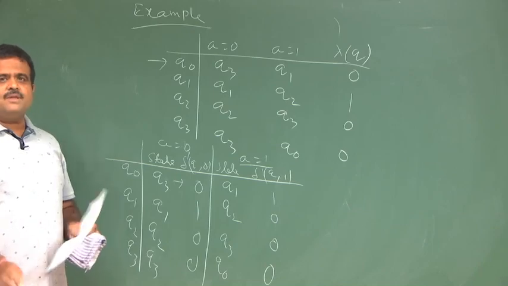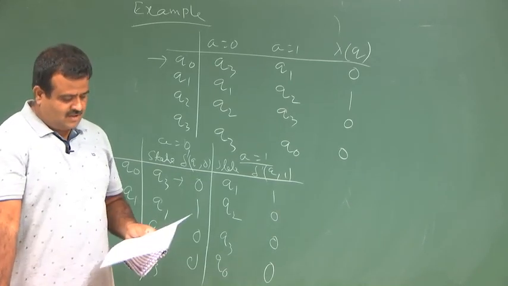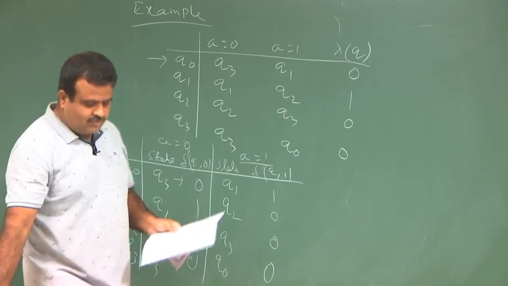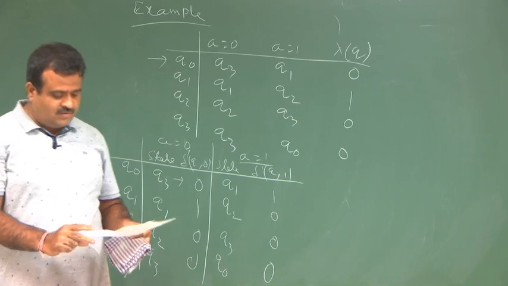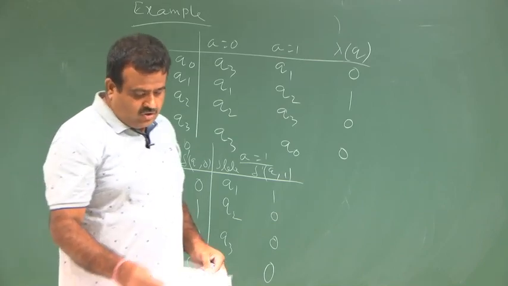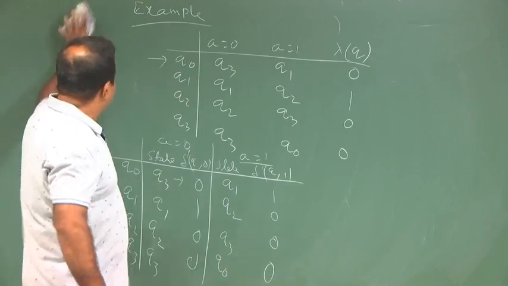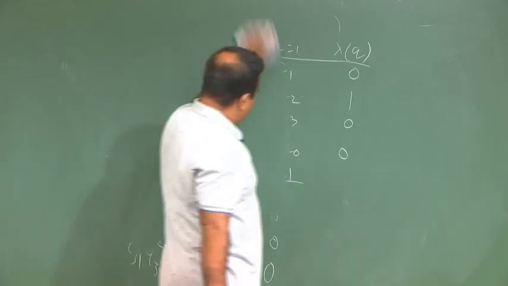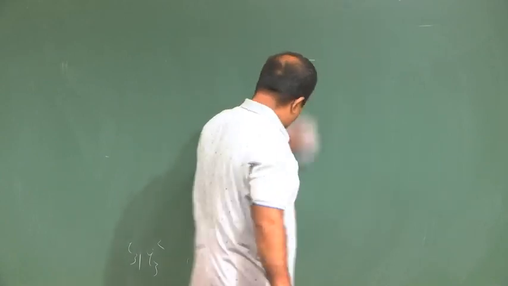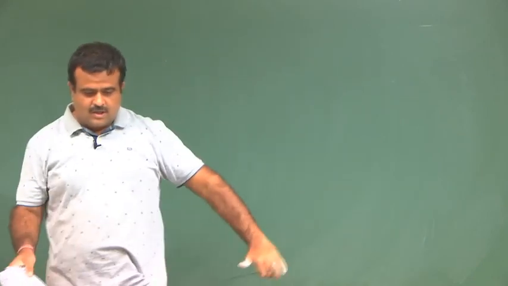I mean straight away the Moore machine is a particular case of the Mealy machine, but the reverse is not directly true. For the reverse, we have to construct the Moore machine from a Mealy machine. So that we will do now. Given a Mealy machine, how can we construct a Moore machine so that they will output the same string for a given input?